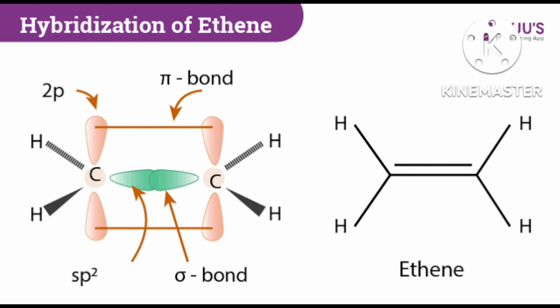One bond with one carbon, the other bond with the other carbon, two hydrogen bonds. You have seen that the carbons made one sigma bond between carbon, and each carbon makes one sigma bond with hydrogen. Then total 3 sigma bonds.